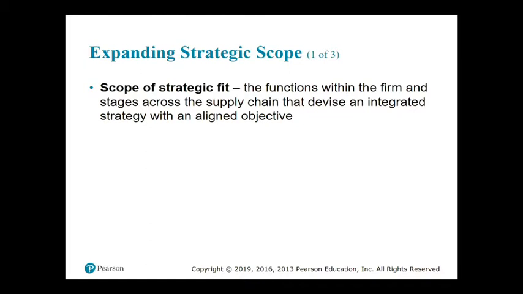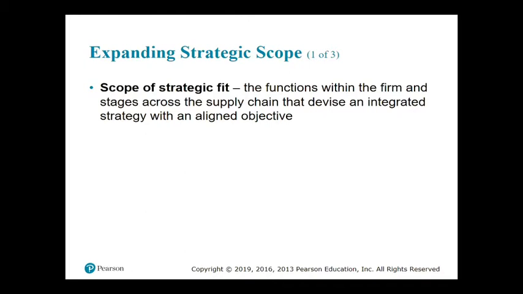So basically, in one extreme, we would have each type of operation just mind their own business and make sure their own strategy fits with the uncertainty they're facing themselves.